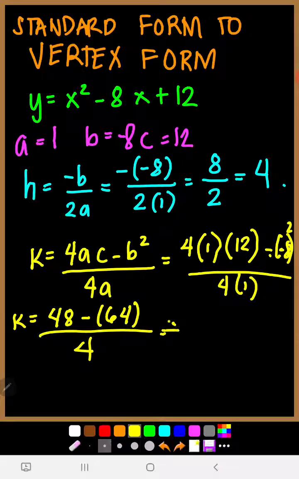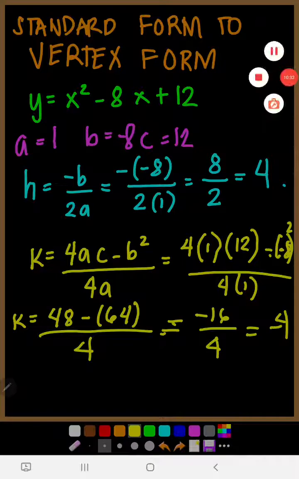So, this becomes 48 minus 64 is equals to negative 16. Divided by 4, which is equals to negative 4. So, ang k natin is negative 4.